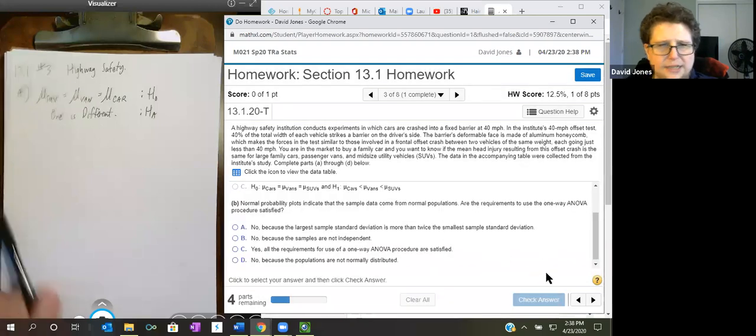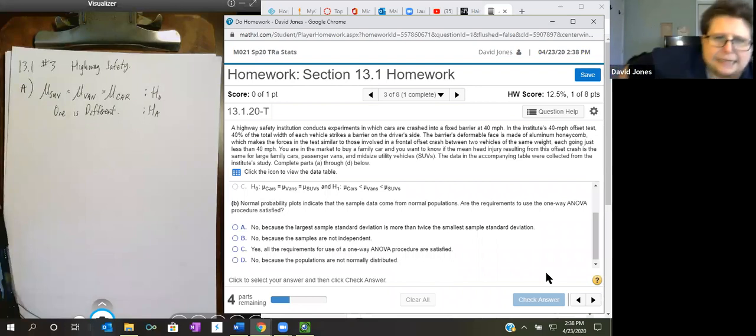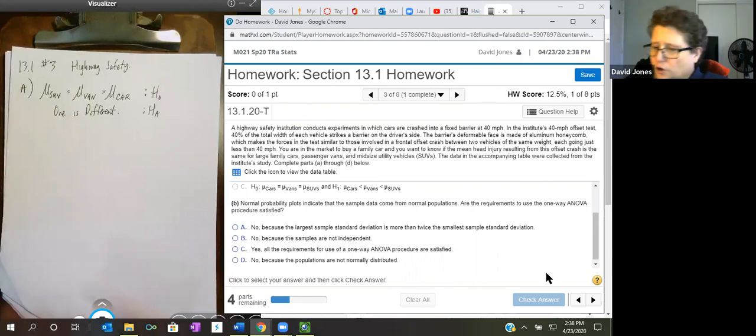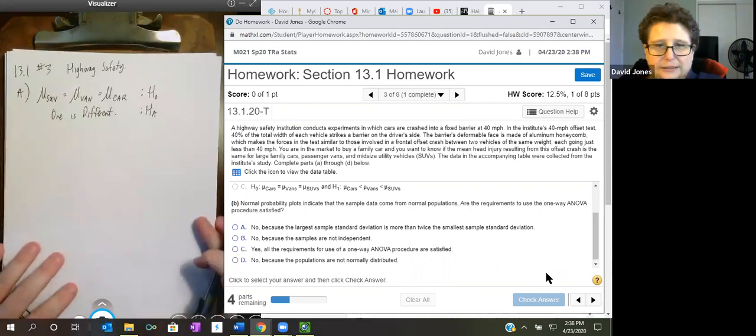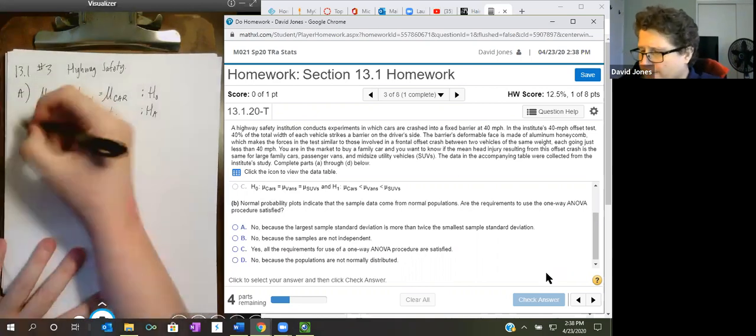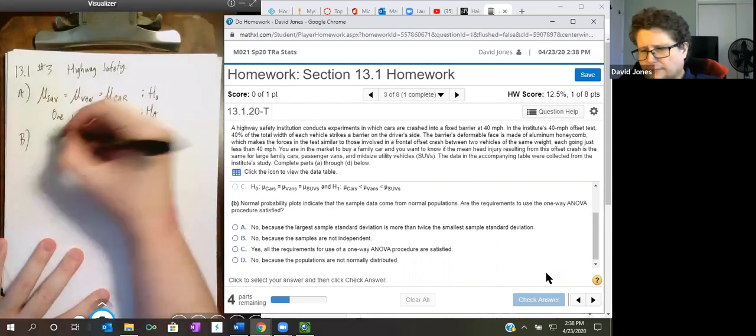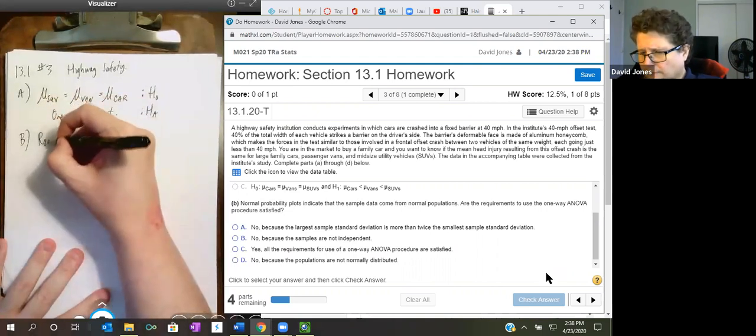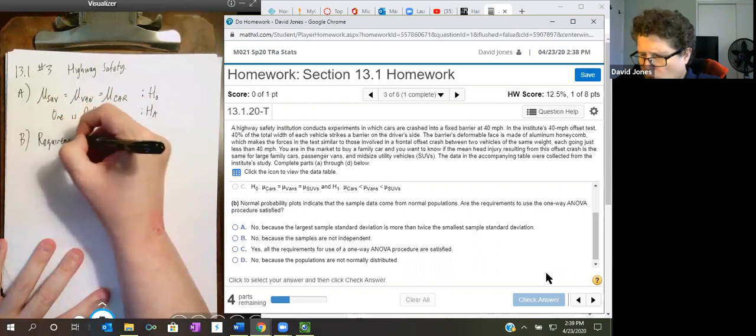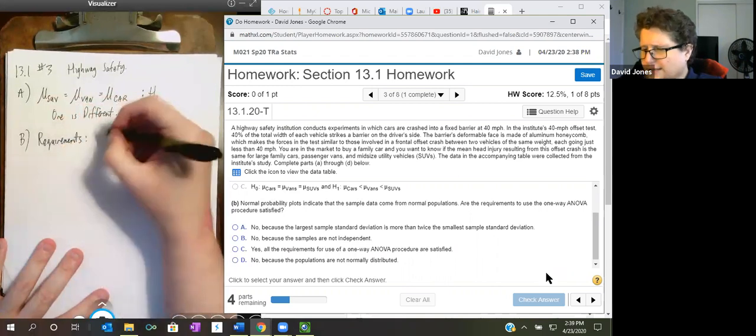Part B, it tells us the normal probability plots indicate that the sample data comes from normal population. Good, we don't have to do that work ourselves. Are the requirements met? Well, let's check the standard deviations.